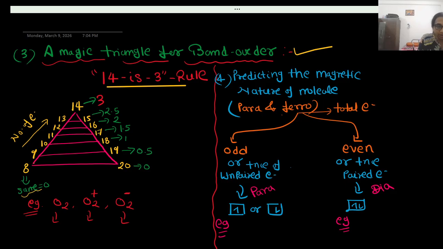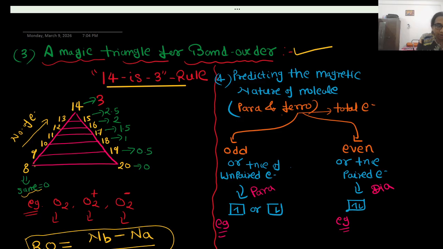The formula of the bond order is the number of bonding orbitals electrons minus the number of anti-bonding orbitals electrons, divided by 2. But you can calculate directly with the help of the atomic number.